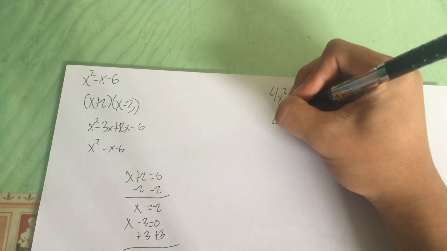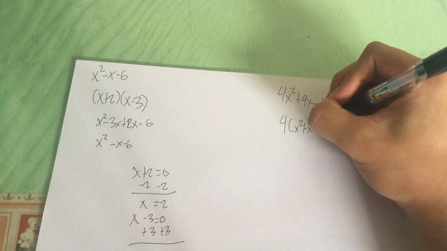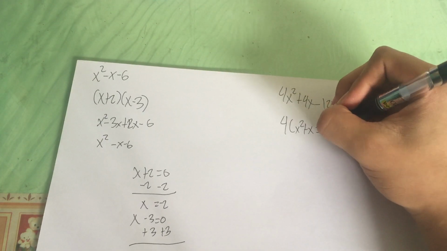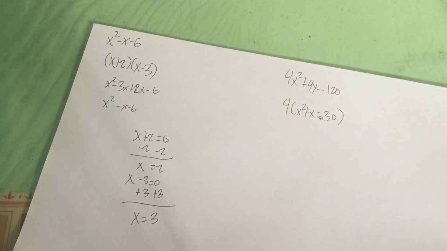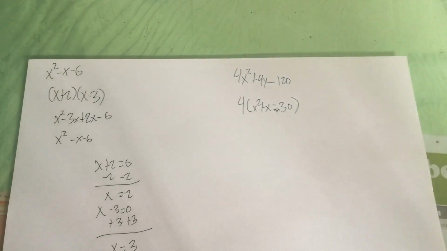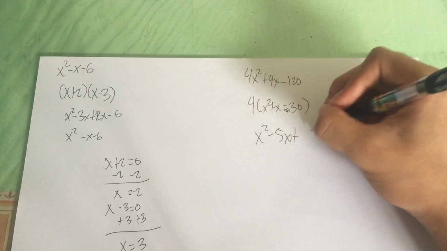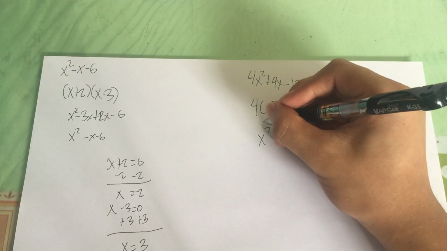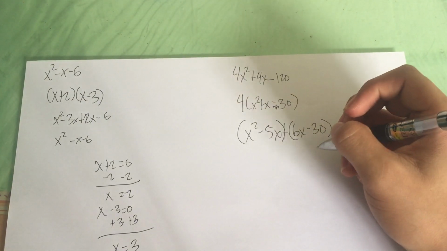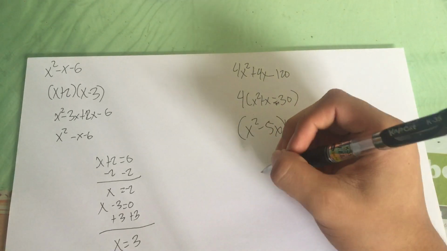Your answer will be 4 times x squared plus x equals, oh no, sorry, minus 30. So what you'll do is x squared minus 5x plus 6x minus 30. Don't forget your open and close parentheses. Now take out the x because it already has x squared.